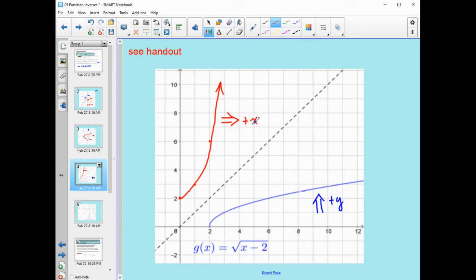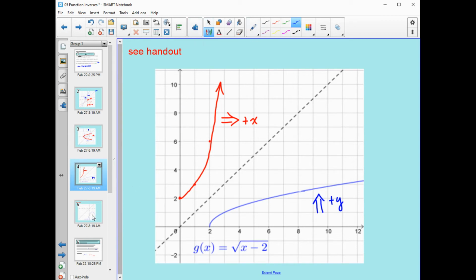So when we swap the x and y coordinates, we also swap all of the corresponding properties that go with the y direction and the x direction. So in this case, the original always grew in the positive y direction, and so the inverse always grows in the positive x direction. So you can make use of that knowledge when you're doing things like this.